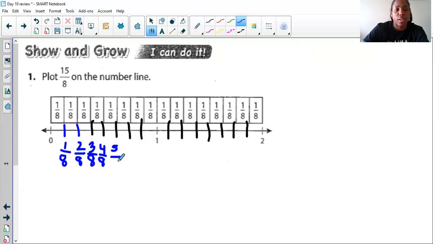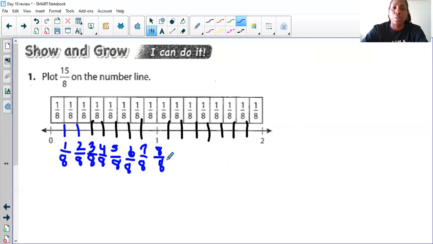That's a 5, just in case you were wondering. 6/8. 7/8. And then of course, when we get to 1 whole, that is 8/8. Now, you're gonna have an easier chance of writing on here than I am.